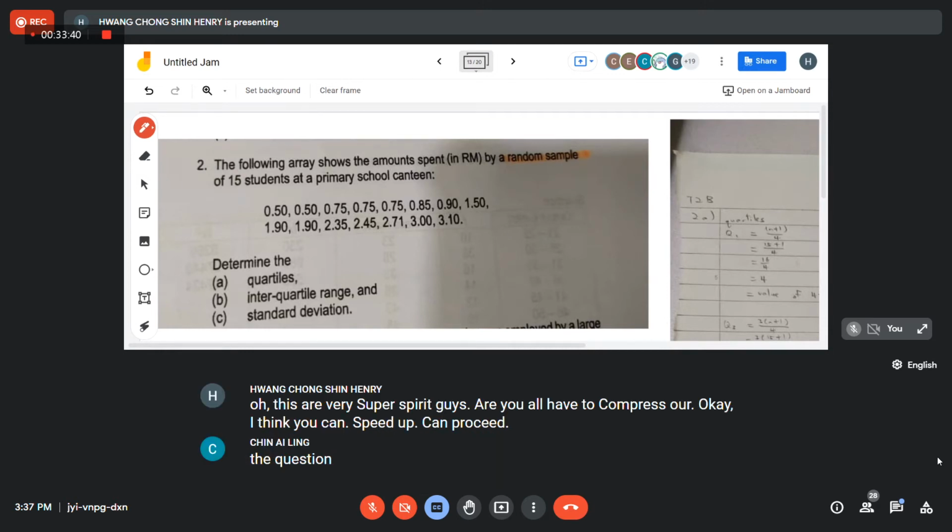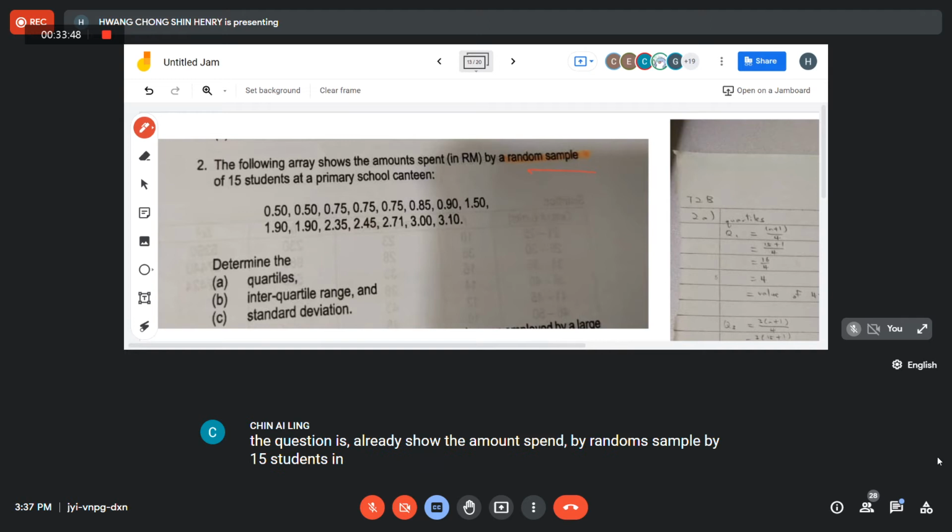The question is: the table shows the amount spent by a random sample of 15 students at a primary school canteen. Proceed.